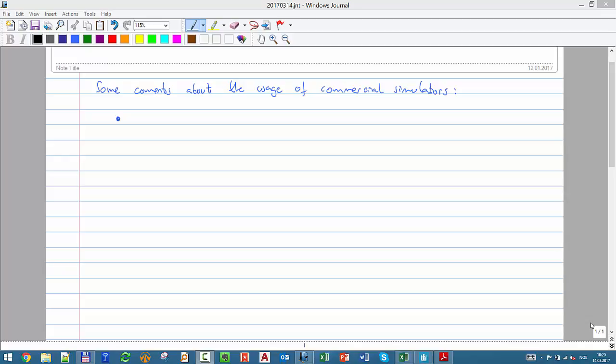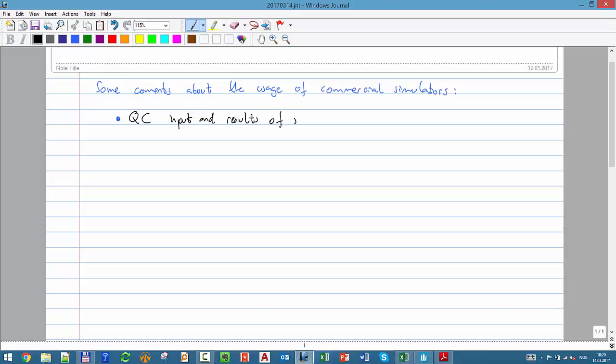Does the rate make sense? Do the pressures make sense? So all the time, just some comments: quality control of the input and results of the simulator, always, okay?